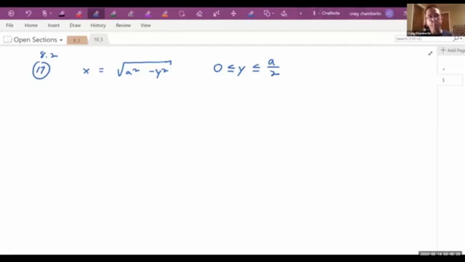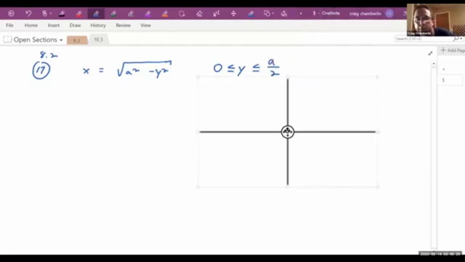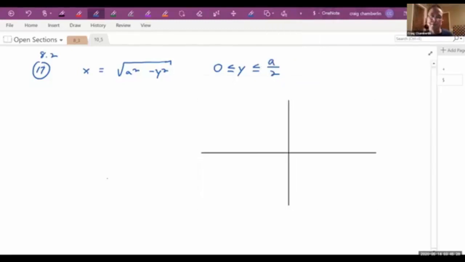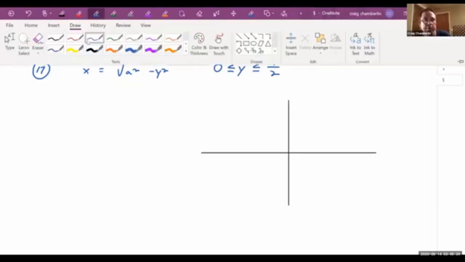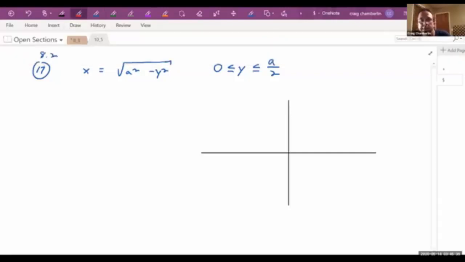Okay, so it's part of a circle, you guys. Let's draw this. I think it'll be helpful. I'm going to draw the whole circle and then I'll erase part of it because it's not the whole circle, and we'll talk about that. I'm going to use my little cheating device here so that I can get a better looking circle, hopefully.